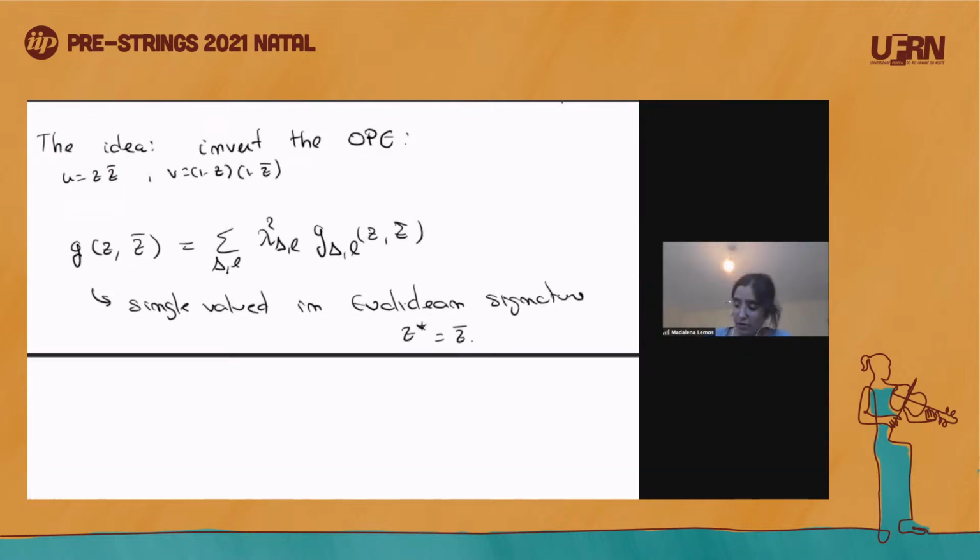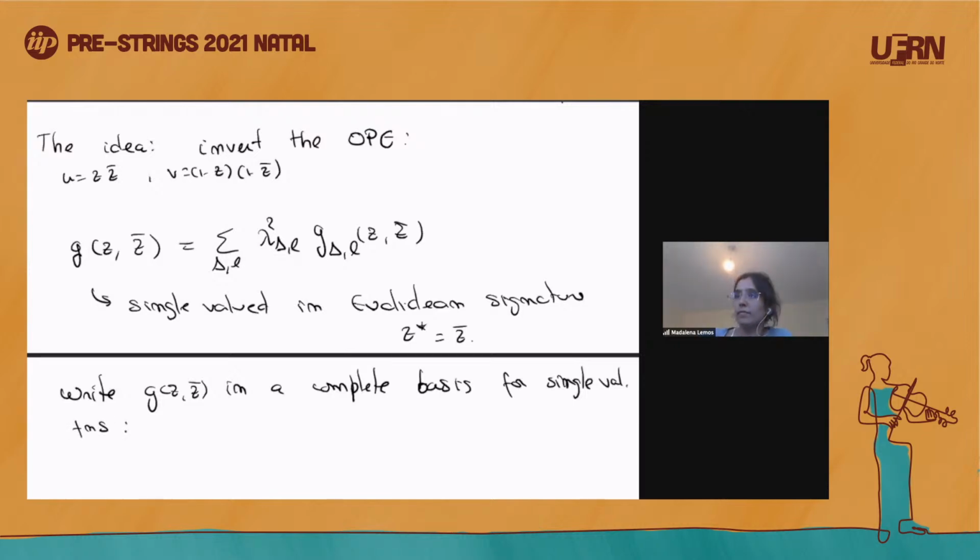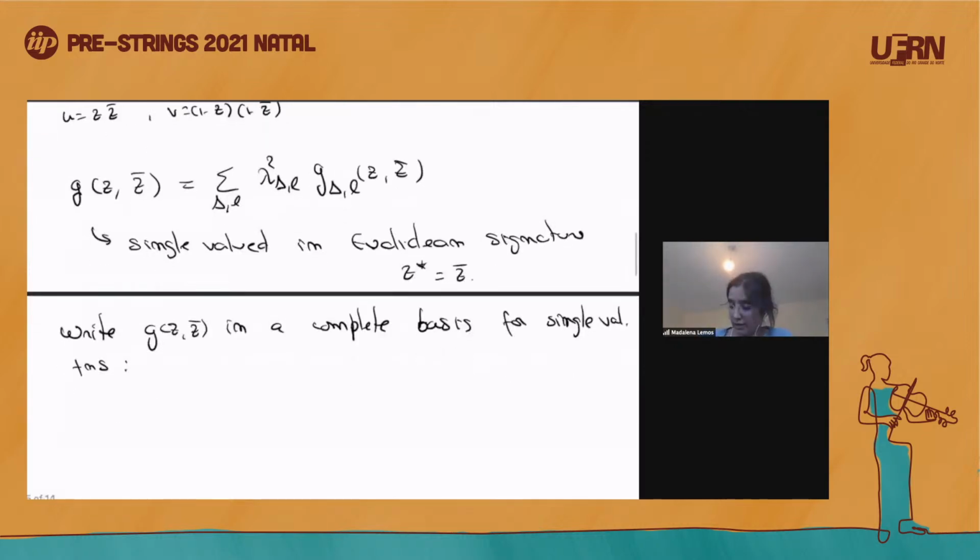Let me decompose this correlator in a complete basis for single valued functions. And these are some, let me call them F delta L. And these are some combination of the conformal blocks with some factors.